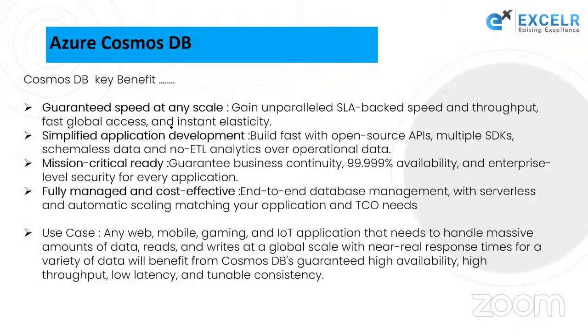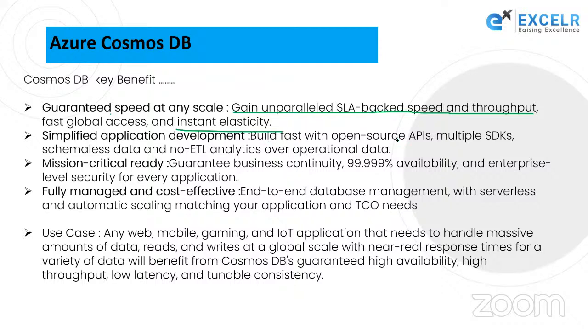Some of the benefits of Cosmos DB: it guarantees speed at any scale. It gives SLA-backed speed and throughput, which provides very fast global access and instant elasticity for any kind of database needs. It provides simplified application development.